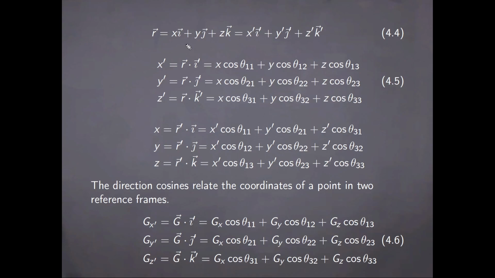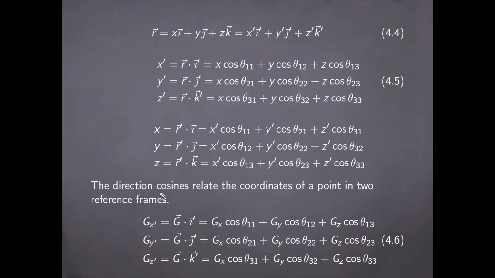Alternatively, we can express the laboratory components in terms of those in the primed frame by once again taking the dot product, this time between the radius vector as expressed in the primed frame and the axes of the laboratory coordinate system. And we will obtain the linear combinations involving the primed components and the direction cosines.